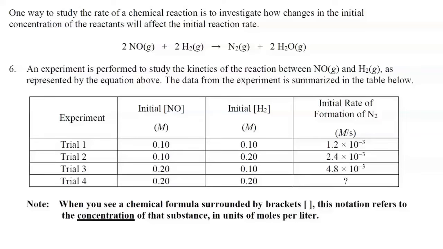The data from the experiment is summarized in the table below. So we have information for 4 different trials in this experiment. Note, when you see a chemical formula surrounded by brackets, this notation refers to the concentration of that substance in units of moles per liter.